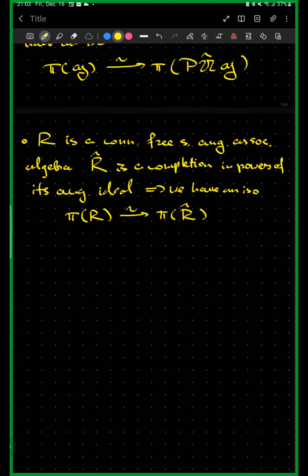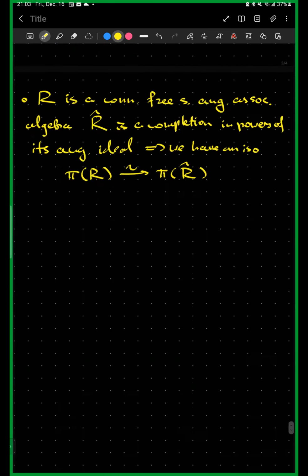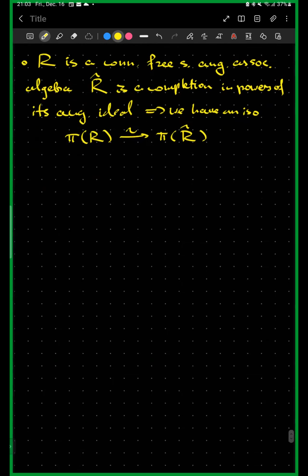So what's the idea behind the proof of this result? Well, basically, we use the fact that all of these objects are free to show that an equivalence on associated graded objects induces an equivalence on the objects themselves.